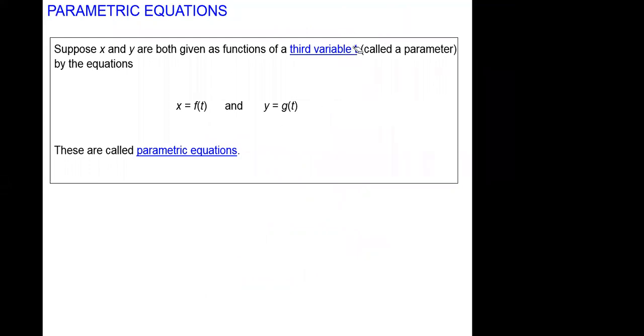That's the reason that we're using t. Okay, and we of course call it the parameter, and x is defined as a function f of t, and y is defined as the other function which also depends on t, and both of them we call parametric equations.